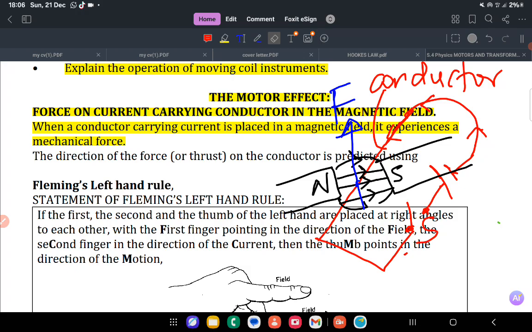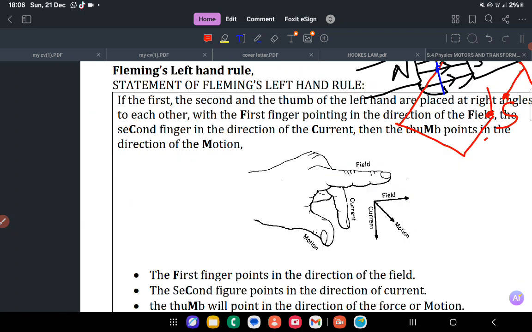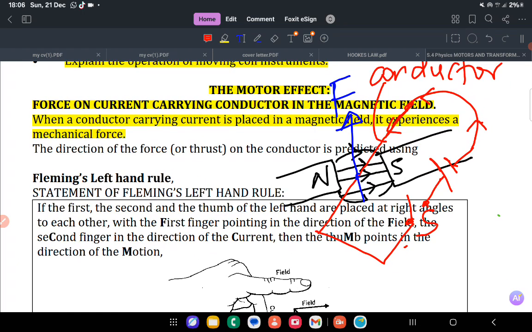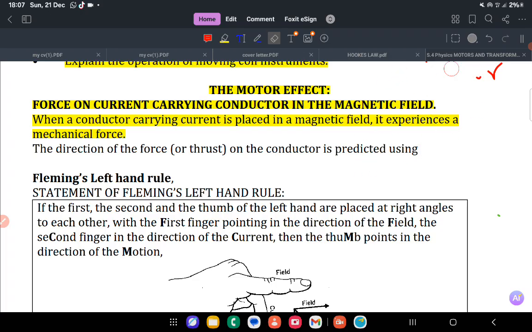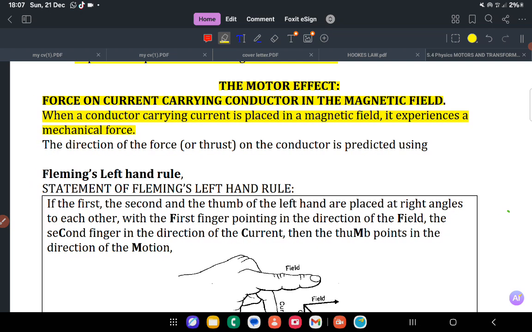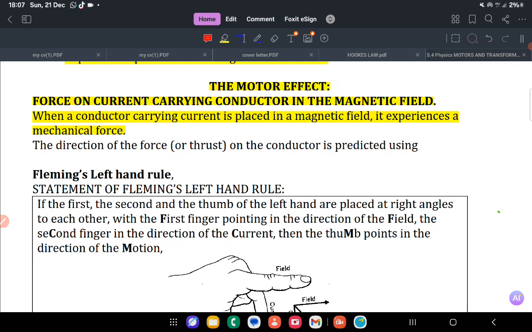The direction of the force on the conductor can be understood using what is called Fleming's left-hand rule. The direction of the force, which is also called the thrust, on the conductor is predicted using the left-hand rule.